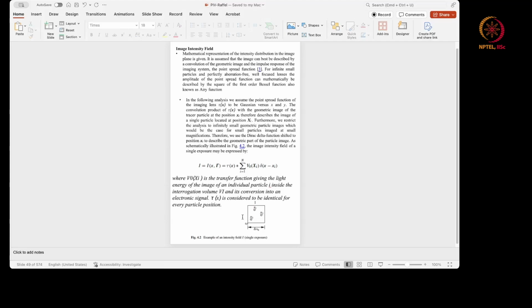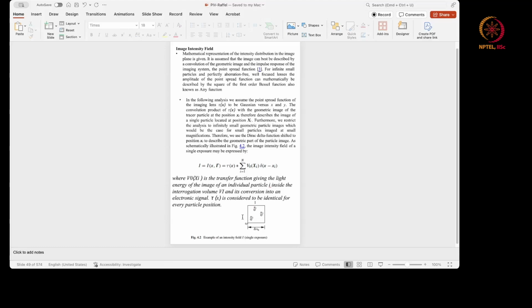For infinitely small particles, and if we assume that our lenses are aberration free and well focused, the amplitude of the point spread function, which is the impulse response function, is described by the first order Bessel function, which is also called the Airy function.